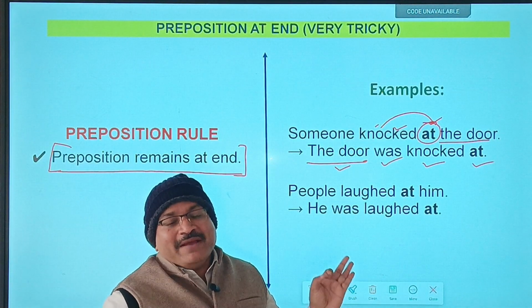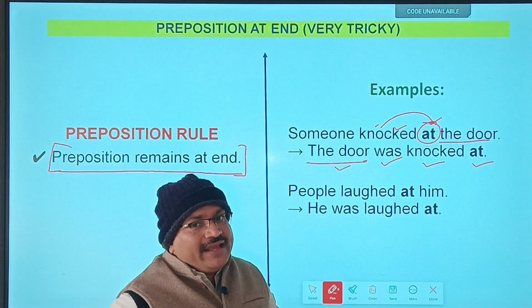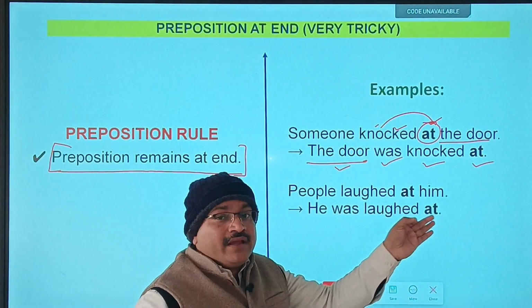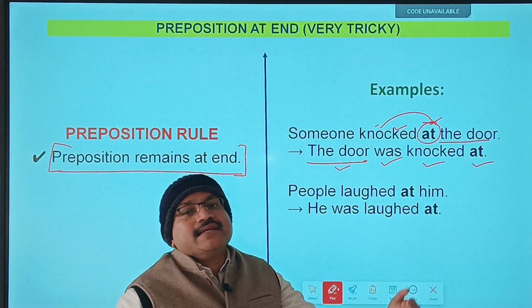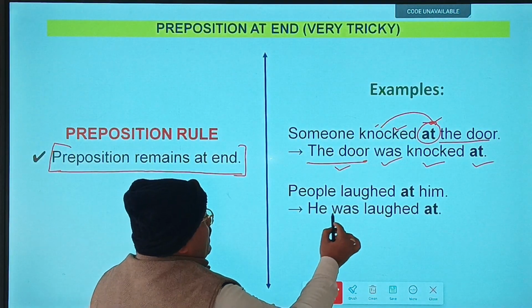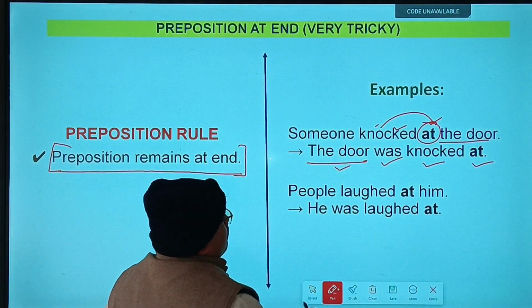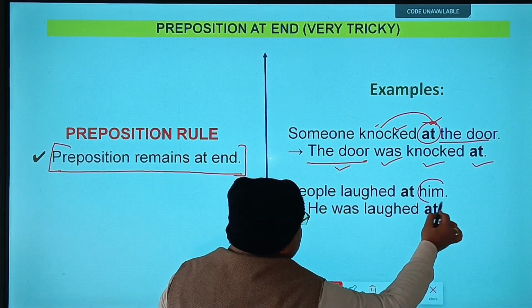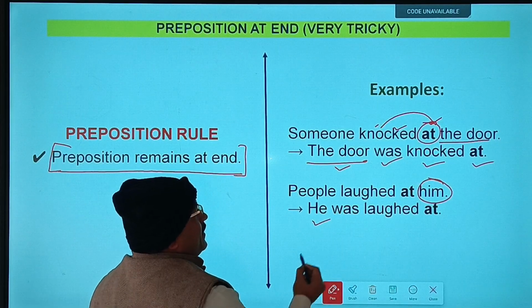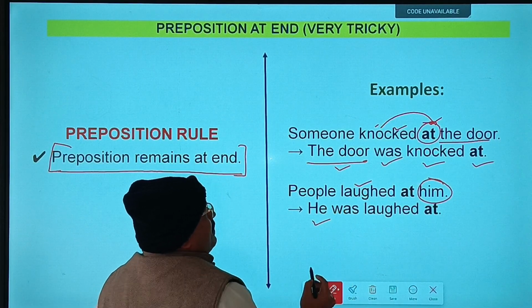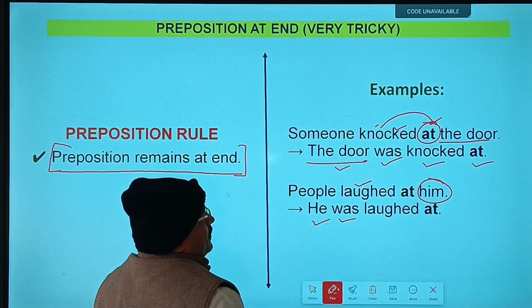This is the rule. प्रीपोजिशन को हटाना नहीं है, प्रीपोजिशन को लास्ट में ऐड करना है वर्ब के साथ. People laughed at him. So the object him becomes he. Simple past, so was.